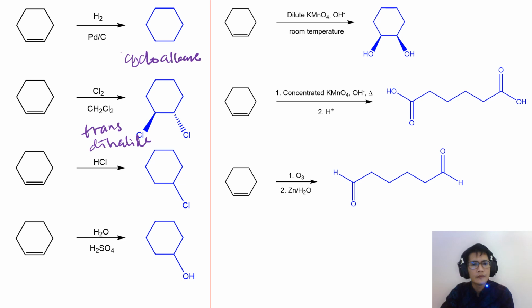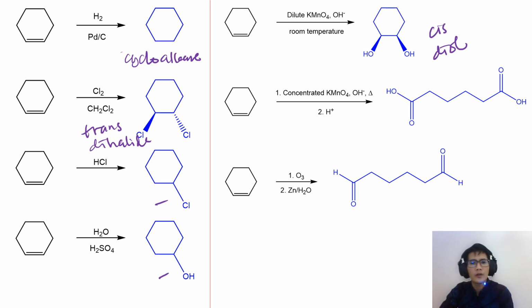Okay, this one is the haloalkane. Okay, this one is the alcohol, cyclohexanol. Okay, this one you get the cis diol. Okay, cis diol.